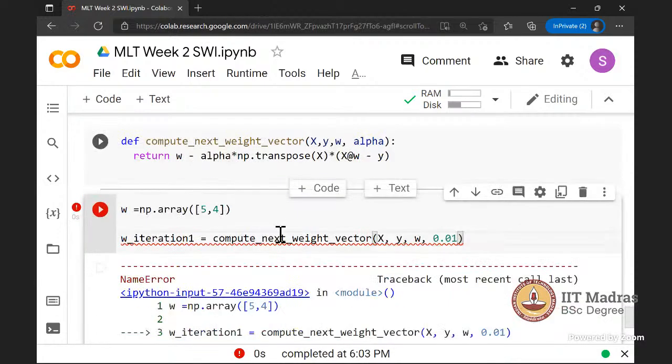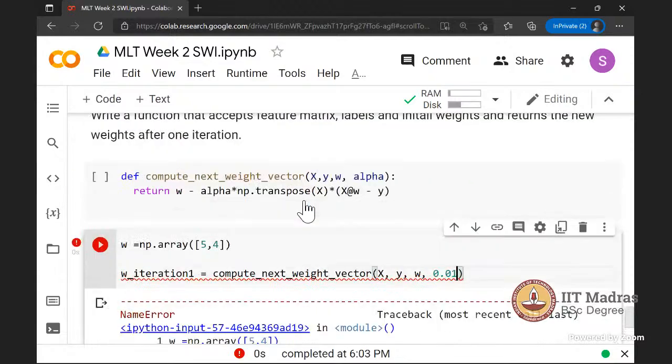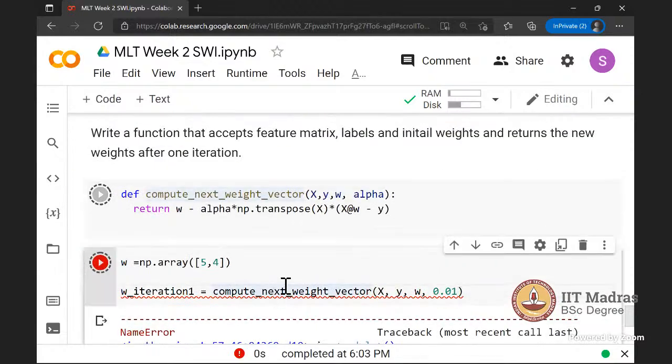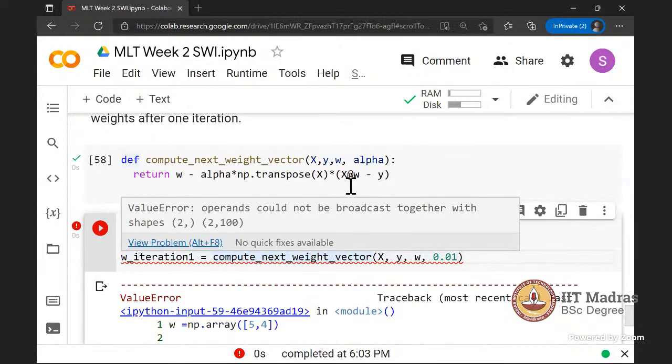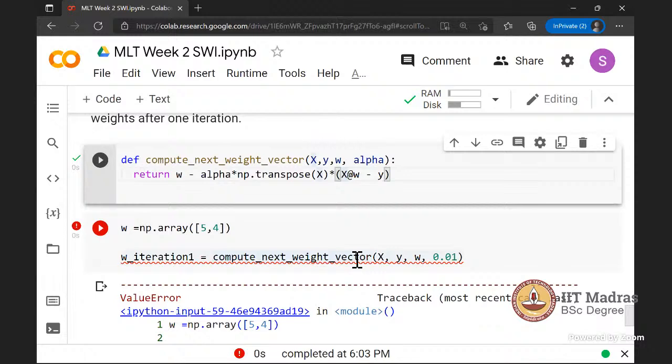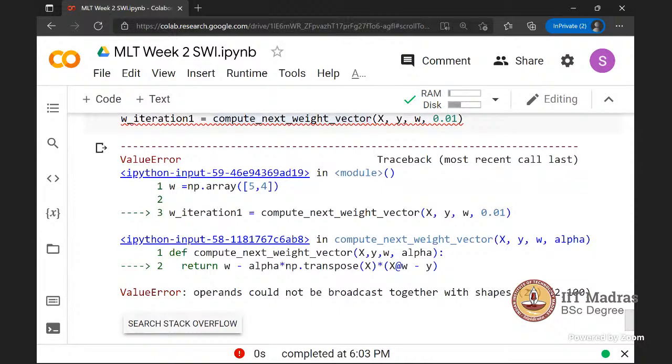Okay, there is some error. Let's see what the error is. It's not defined. Okay. 2 and 200. Is something wrong over here? No, I think for this W you need to change the shape. 2 and 2 by 100.